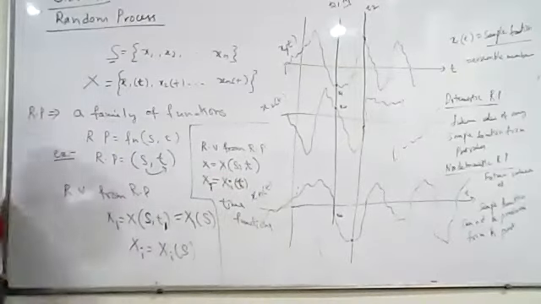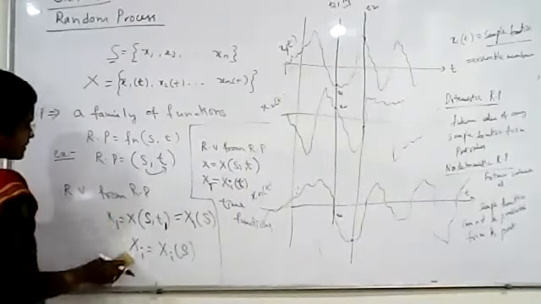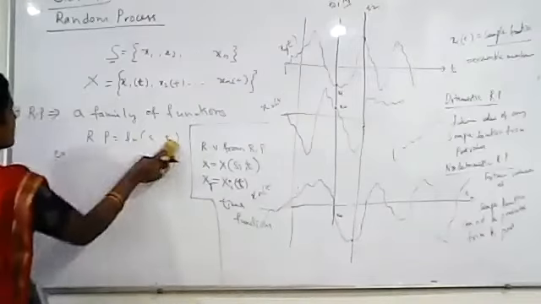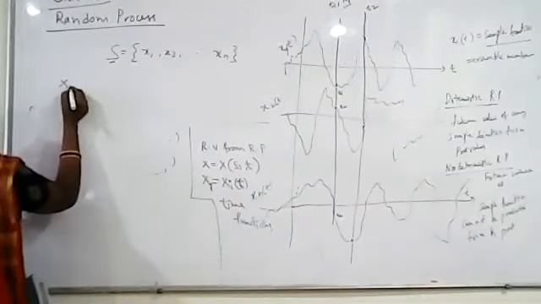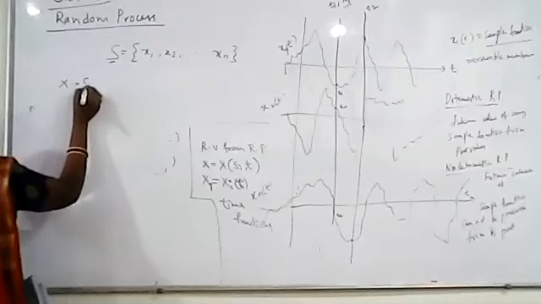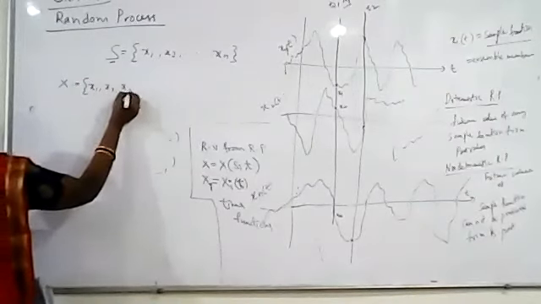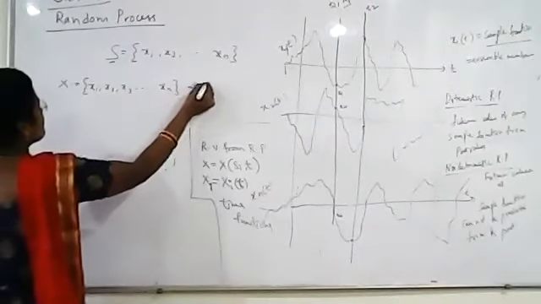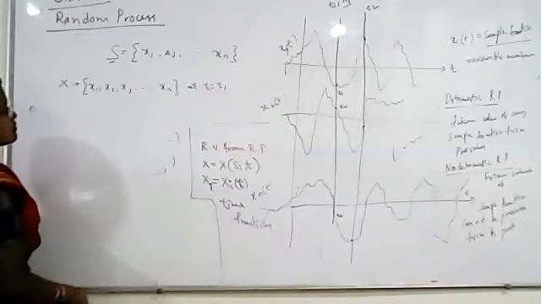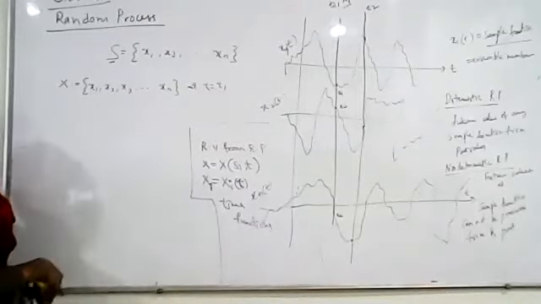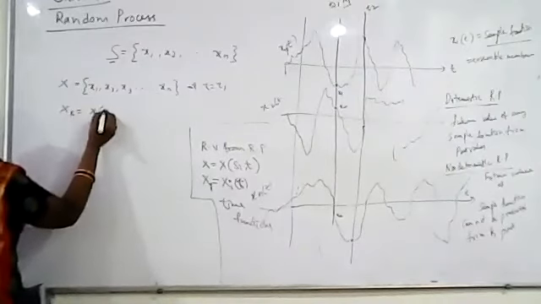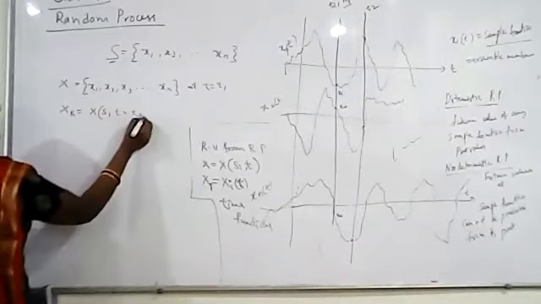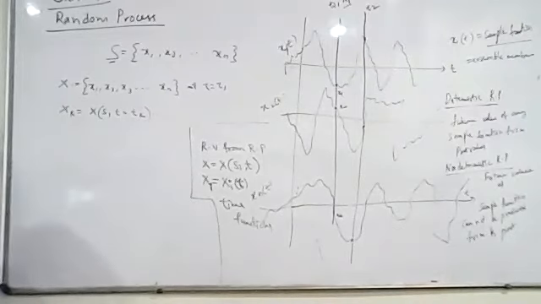If we fix the time, we have the random variables x1 of t, x2 of t, and so on up to xn of t at a particular time t equal to tk, where the sample space is variable and time is fixed.